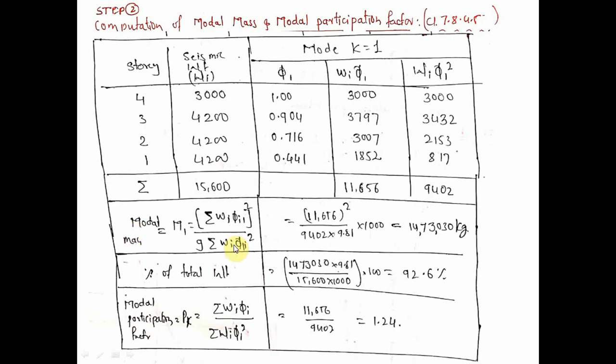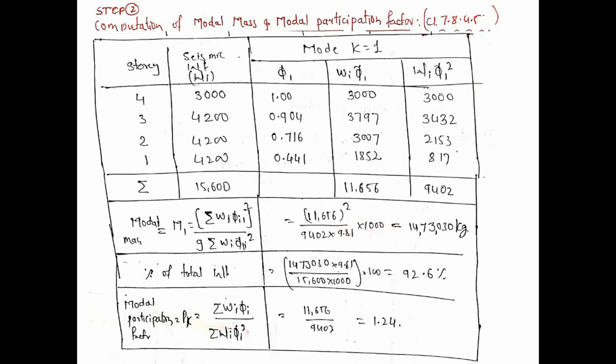Now modal mass M1 is given by summation of Wφ1 whole square divided by g into summation of Wφ1 square. g is the acceleration due to gravity, 9.81 meters per second square. So 11656, this is summation of Wφ1 whole square, divided by 9.81 into summation Wφ1 square into 1000. 1000 converts kilonewtons to newtons.